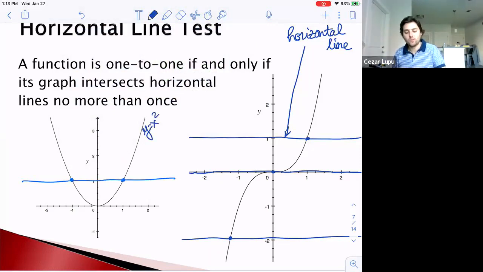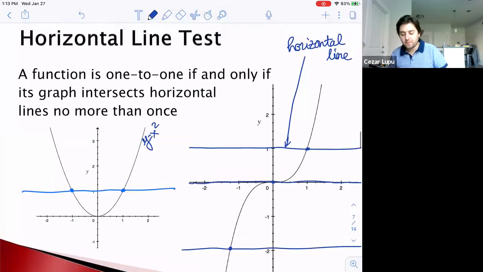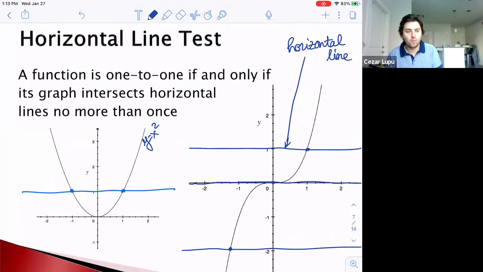This is another reason why the function f of x equals x squared is not one-to-one, because if you take a horizontal line, it will intersect the graph in at least 2 points. You can take another one if you want.